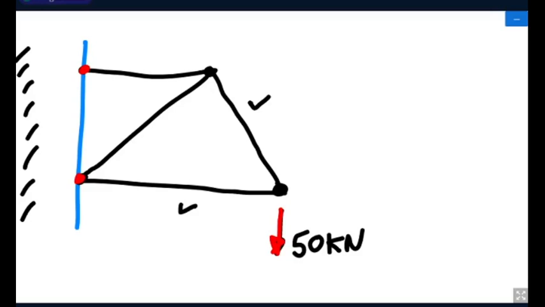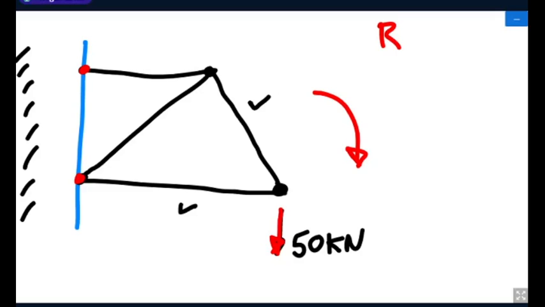Now, don't forget, what's stopping whatever this thing is coming off the wall? There's a force trying to pull this off. So there's got to be what here? What's the word I'm looking for? Begins with R. What stops that coming off the wall?